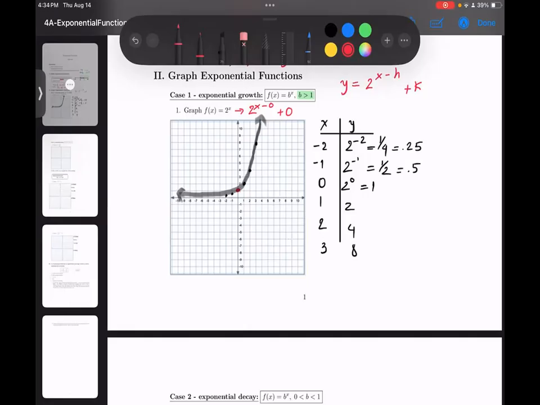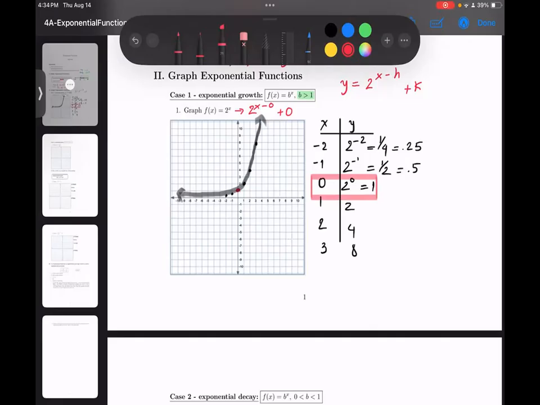So when y equal 2 to the x, remember the point that I want to emphasize is the one in red right there, 0, 1. That's where we're going to move your graph, right?